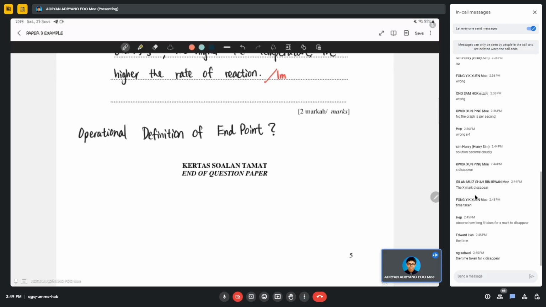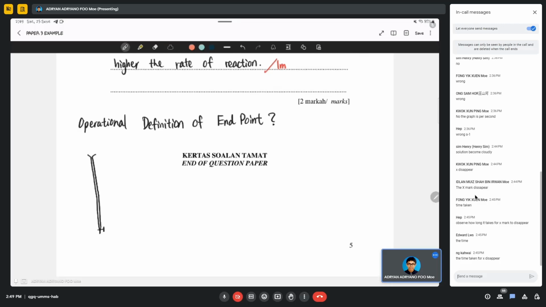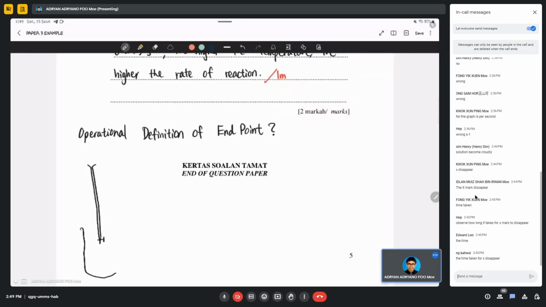But now I want the operational definition of endpoint. So we know the apparatus setup. We have a burette here, roughly like this. Then I have a conical flask.